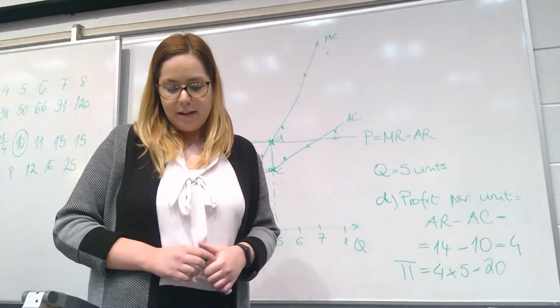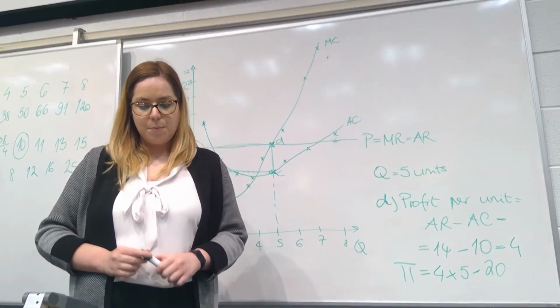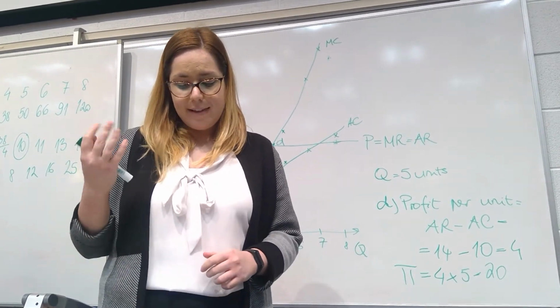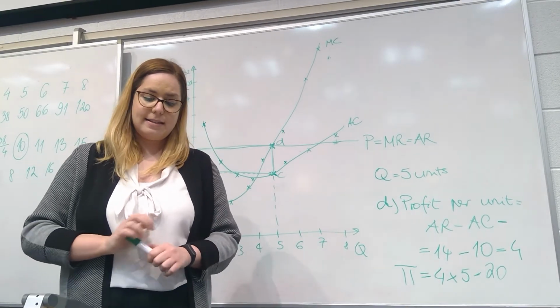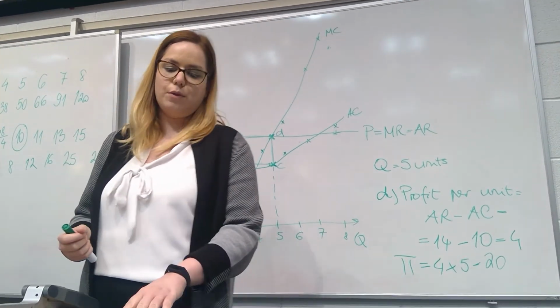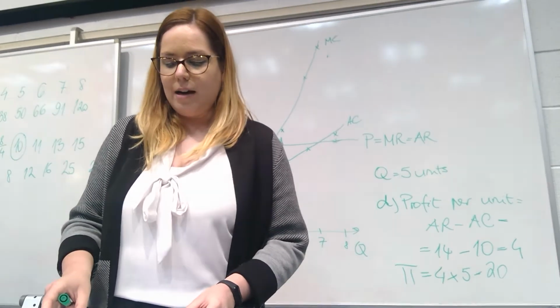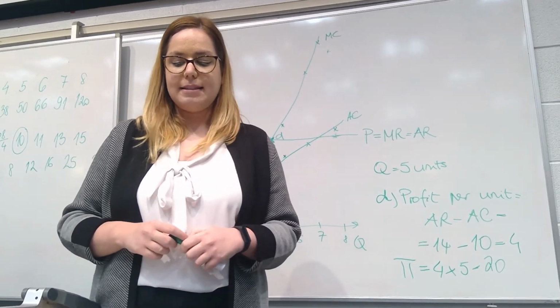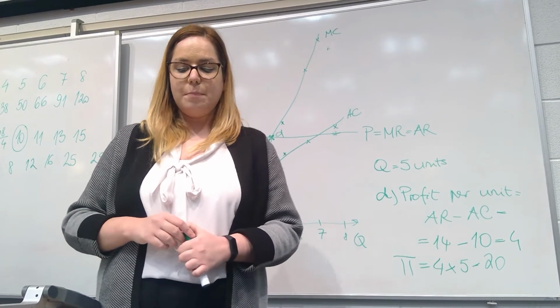Question number 7, a firm in perfect competition is a price taker, which means that it faces a perfectly elastic demand curve, so the correct answer would be answer B. Question number 8, a monopolist faces a downward sloping demand curve.